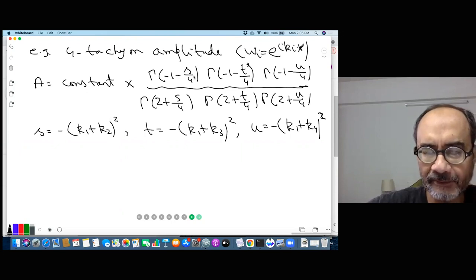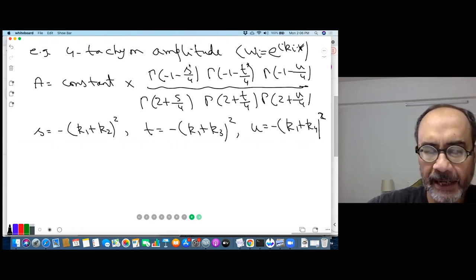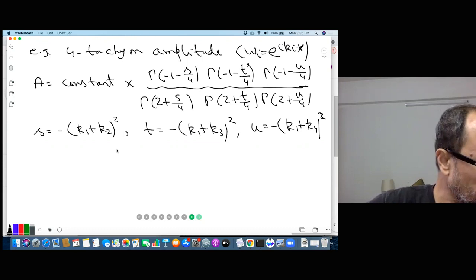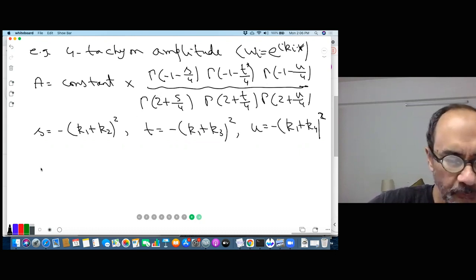These actually are often divergent. Whenever the argument of gamma is negative, this is divergent. But by analytic continuation, you can define it almost everywhere except at some integer values of s, t and u. So analytic continuation works quite well in this case.